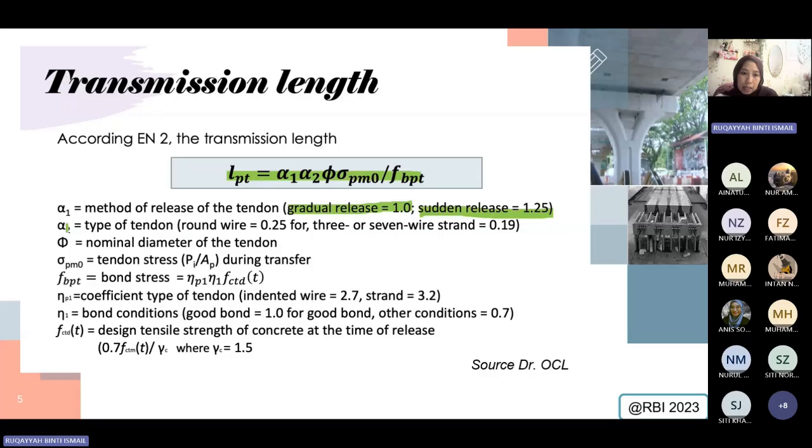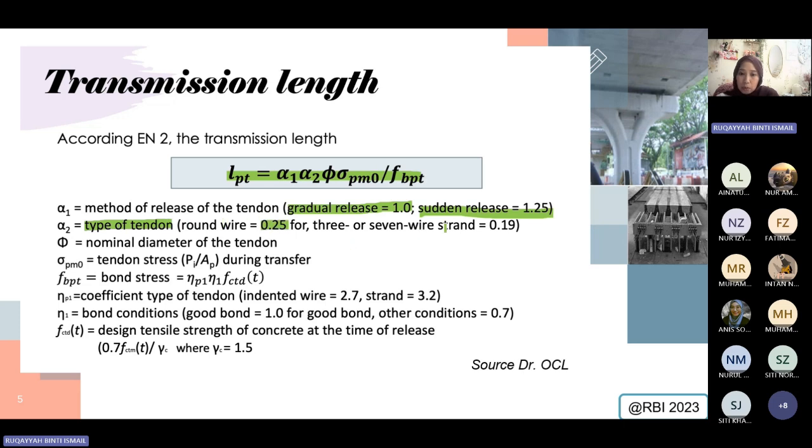Okay, so the second parameter will be alpha 2. Alpha 2 depends on the type of wire or type of tendon. The type of tendon could be wire, strand, or others. In this option, we are given two options. If you are using wire, you can take 0.25.